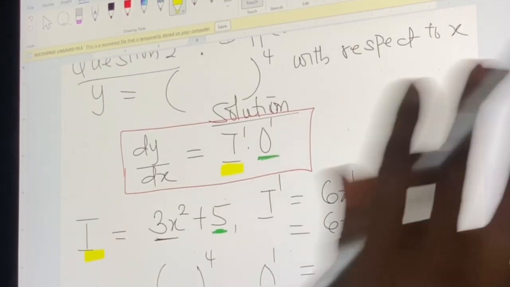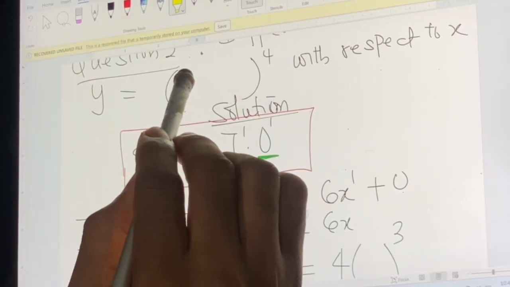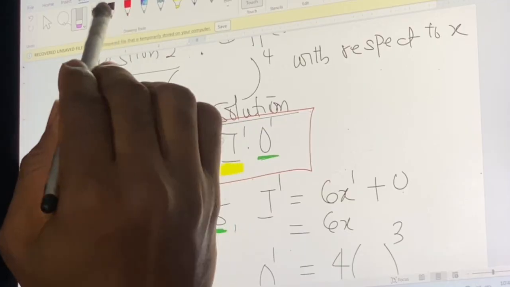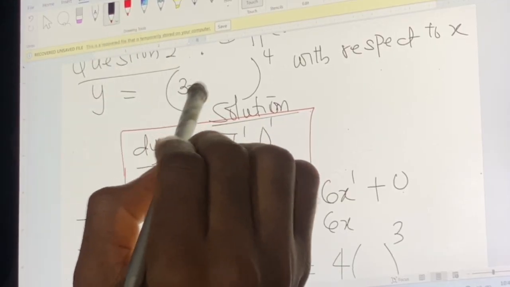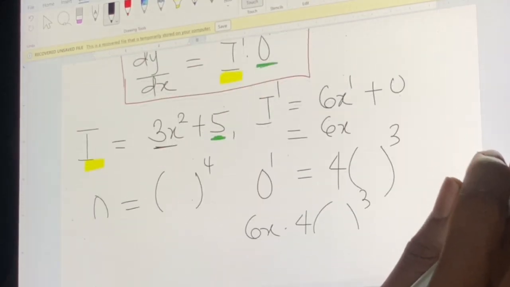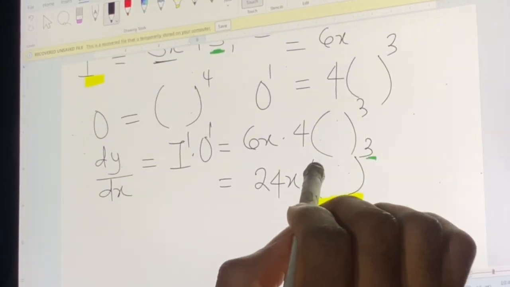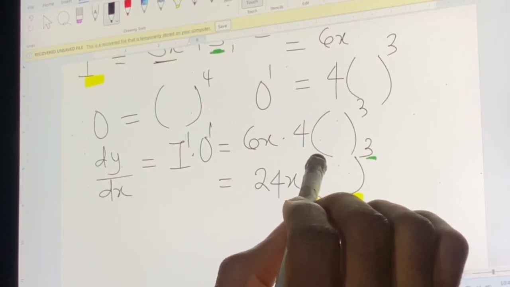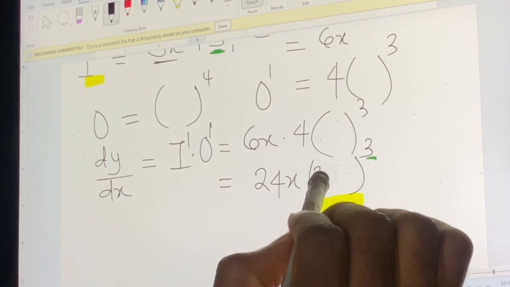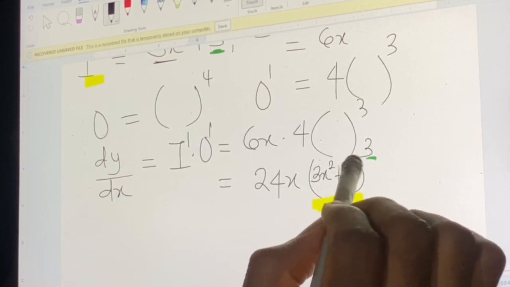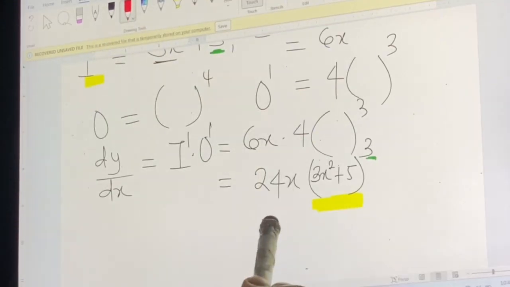It is 3s squared plus 5. So I will replace this bracket with what is inside the bracket from the equation, which is 3s squared plus 5. Class, this is my answer here.